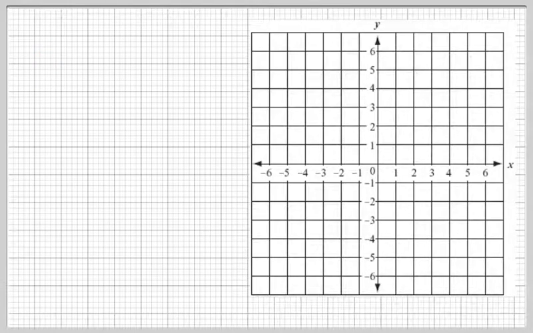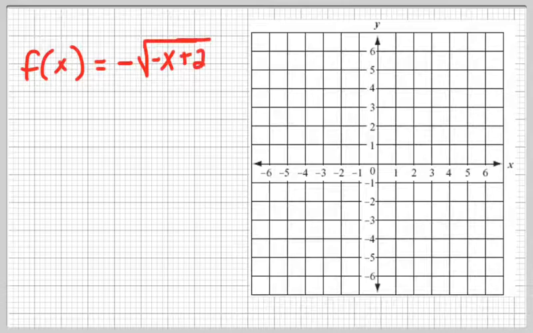I'm going to use function notation. f of x equals negative the square root of negative x plus 2, plus 3. This is about as hard as they get.